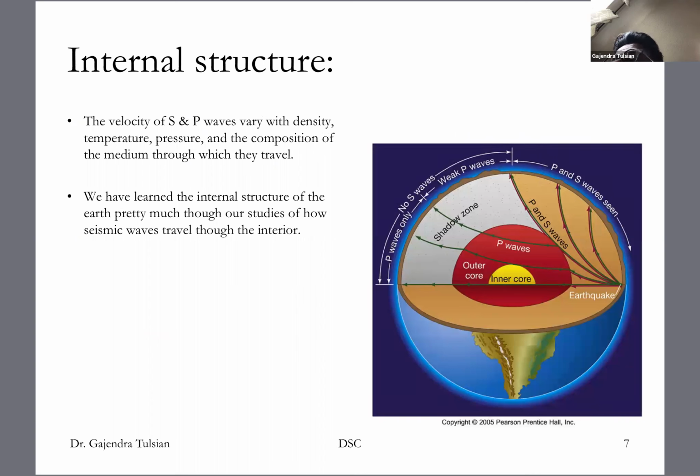Now this shows the internal structure of the Earth. I won't dwell on this much because we've got a lot of ground to cover. We know the internal structure of the Earth in fairly good detail, and we deduce it from earthquake data.